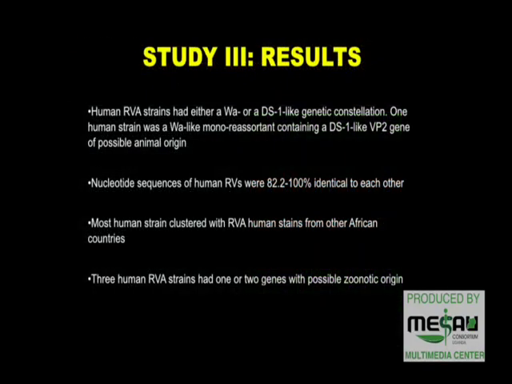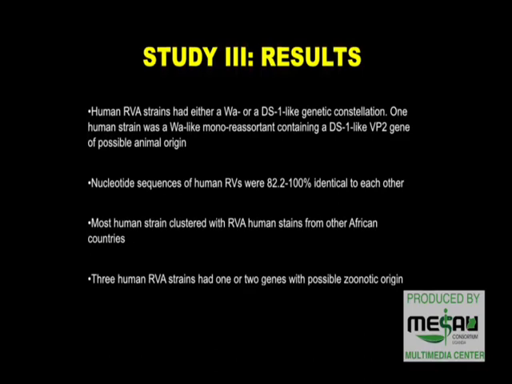So when we compared our nucleotide sequences, we found that the nucleotide sequences of the human RNAs were similar to each other. The ones in our study were 82.2% to 100% identical to each other, and also similar to other rotavirus A strains from other African regions.